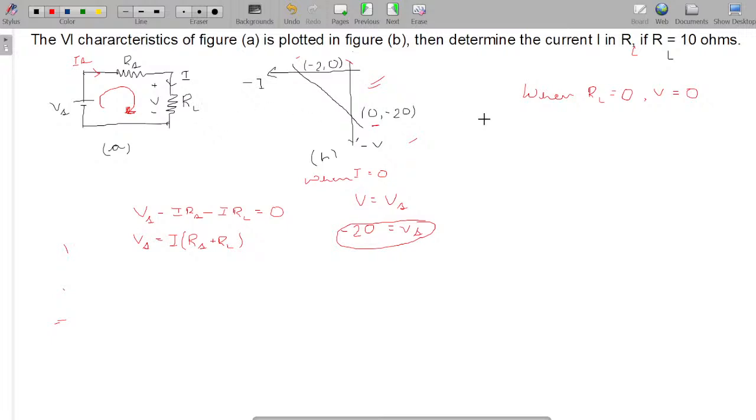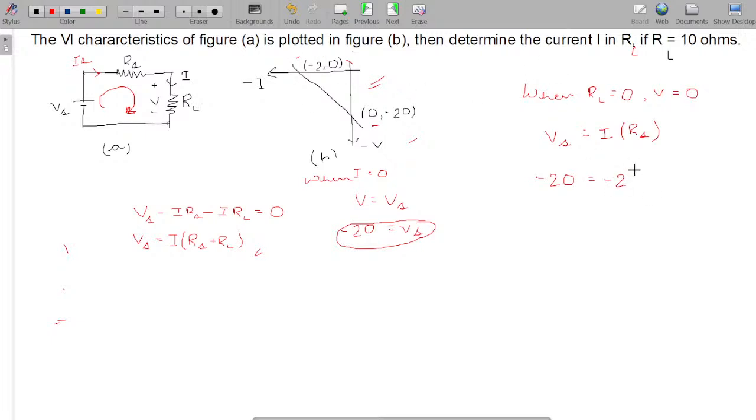Now when RL equals 0, V would be 0, and again utilizing this equation, can I write Vs equals I times Rs? Again we are using the second condition when V equals 0. Now Vs we calculated to be minus 20, and from the graph we have I to be minus 2.